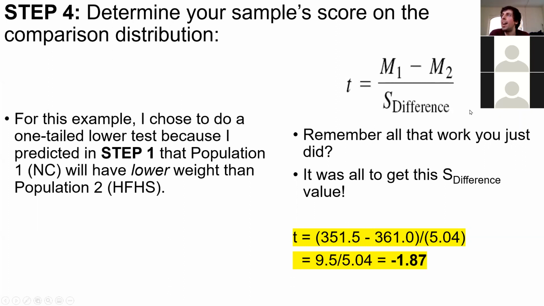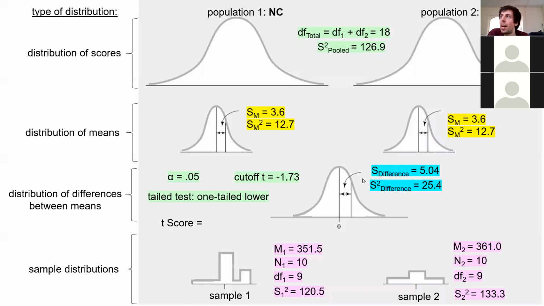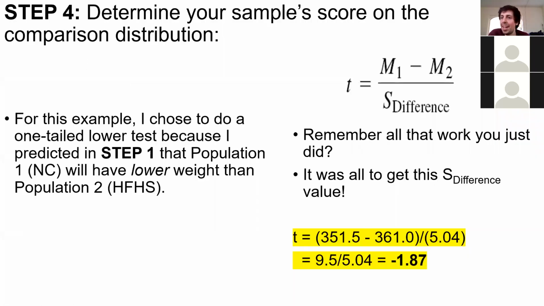And then we divide it by this S difference. If you recall, this was what we worked so hard to find through all of those intermediate calculations. That was this value down here. S difference of 5.04. All that work we did was just to get that value so we can find the right t-score for our sample.